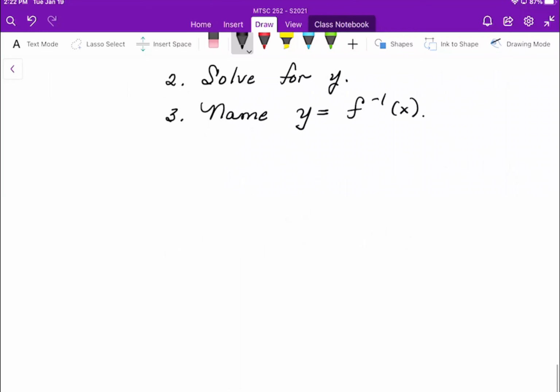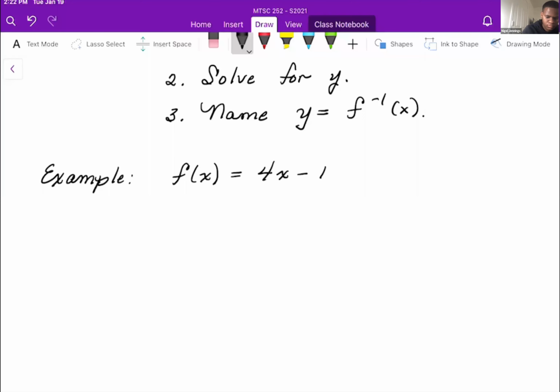Okay, so here's an example. f of x is 4x minus 1. Okay, now this is a line. And we know a line is going to pass the horizontal and vertical line test.